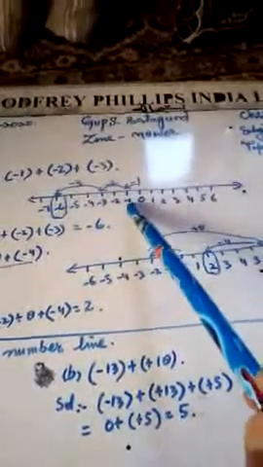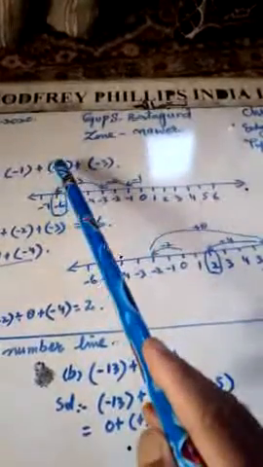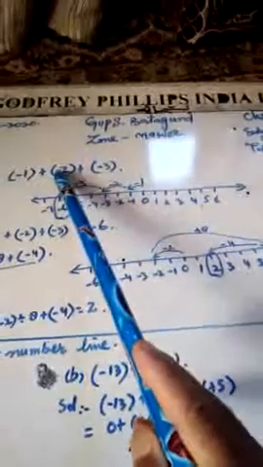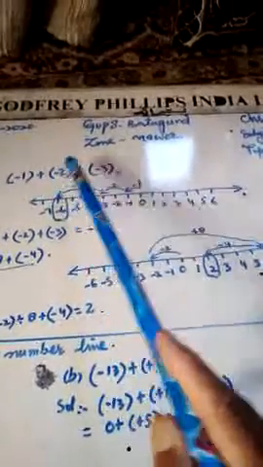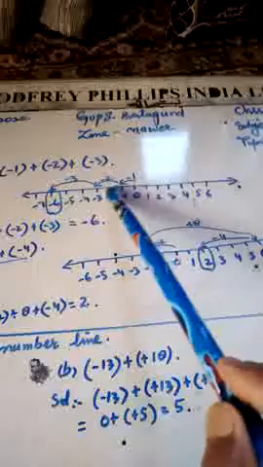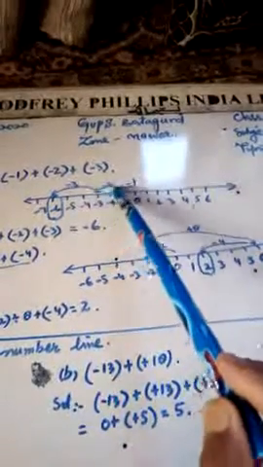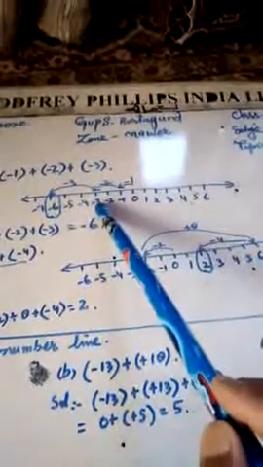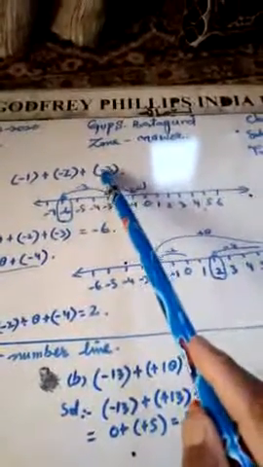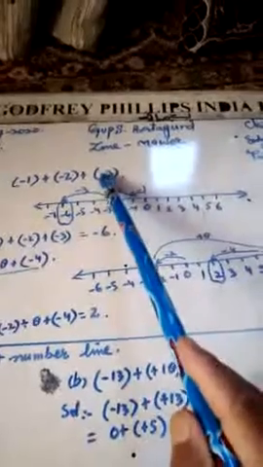From this point -1, we have to move 2 steps also in the left direction. It's negative sign. This is 1 step, this is 2 step, and we will reach the point -3. From this -3, we have to move 3 more steps, also in the left direction.